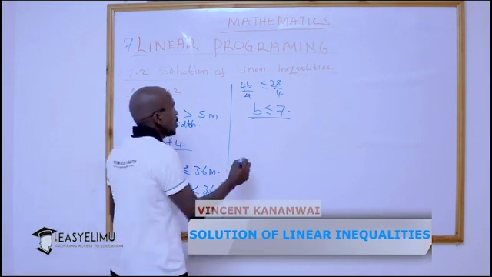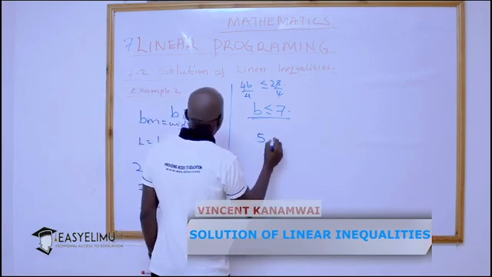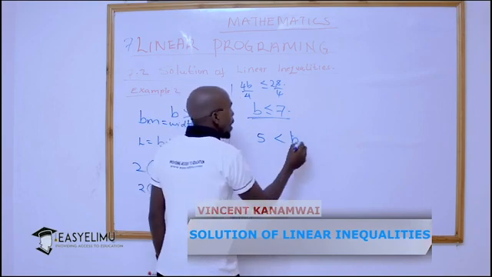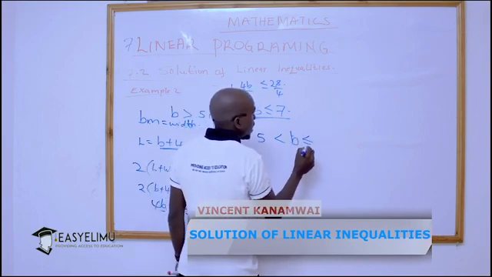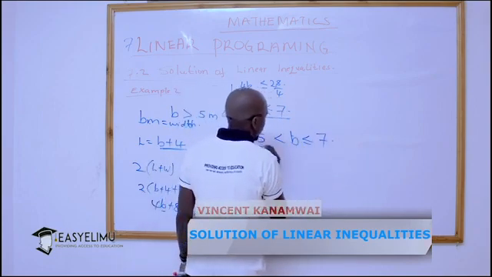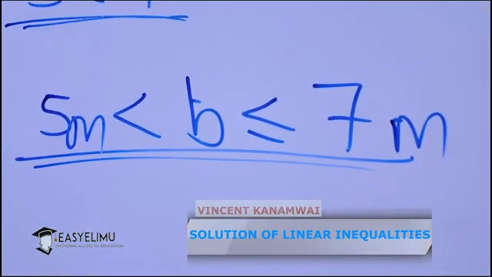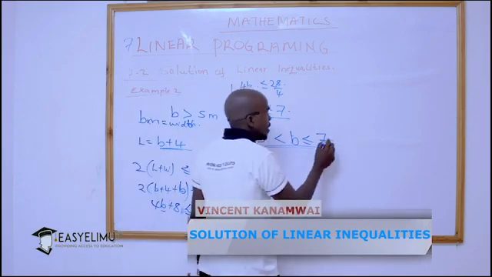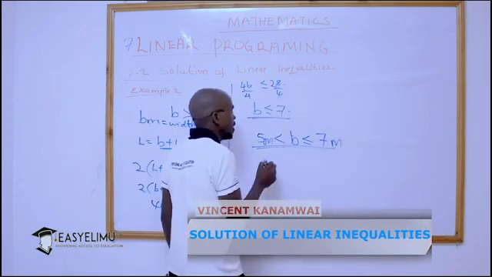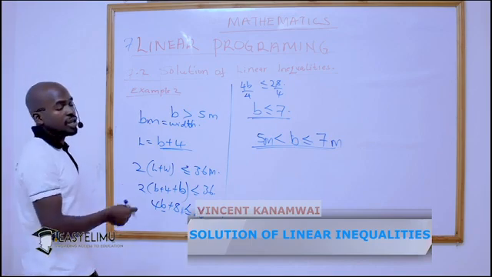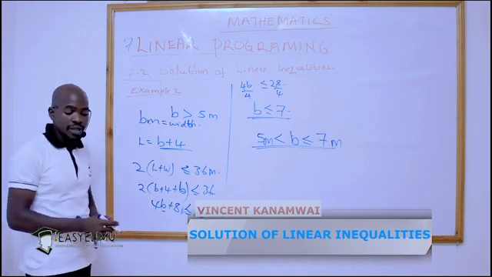So we can take 5 is less than b, but this b is less than or equal to 7. That is the range of values which satisfies the given inequalities. This was 5 meters, 7 meters, because b is in dimension of meters.